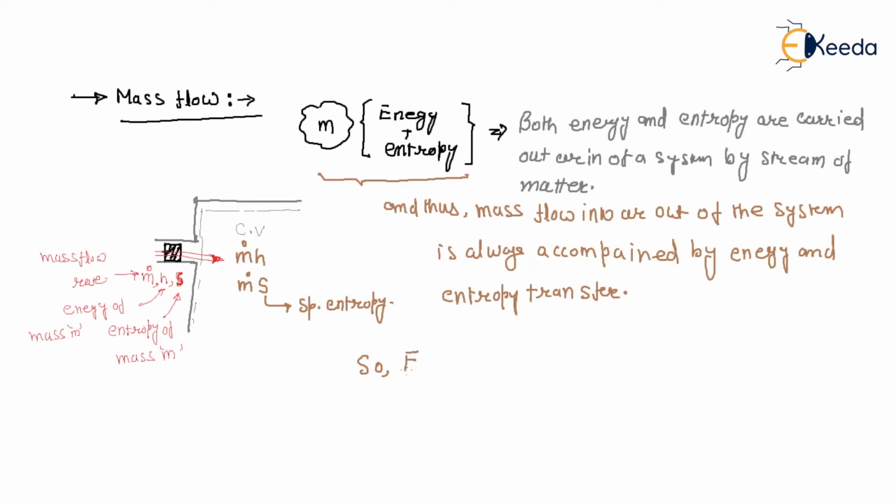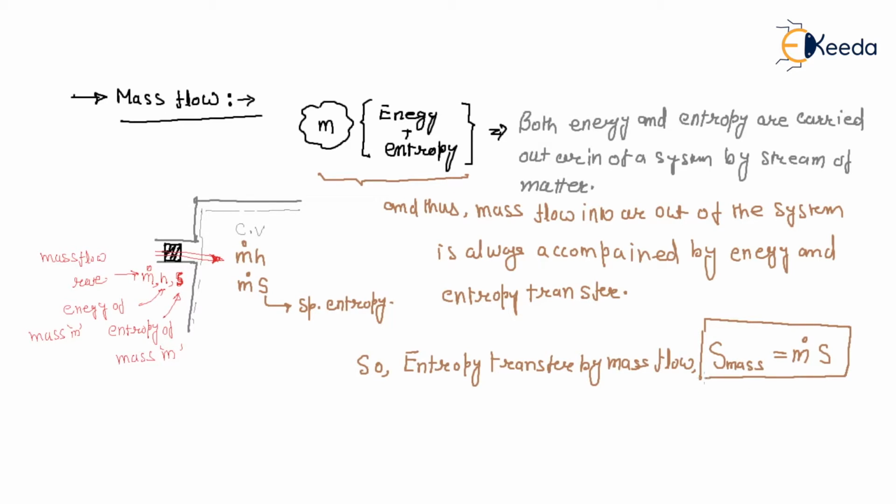Entropy transfer by mass flow is S of mass equal to m dot s, where m dot is the mass flow rate.